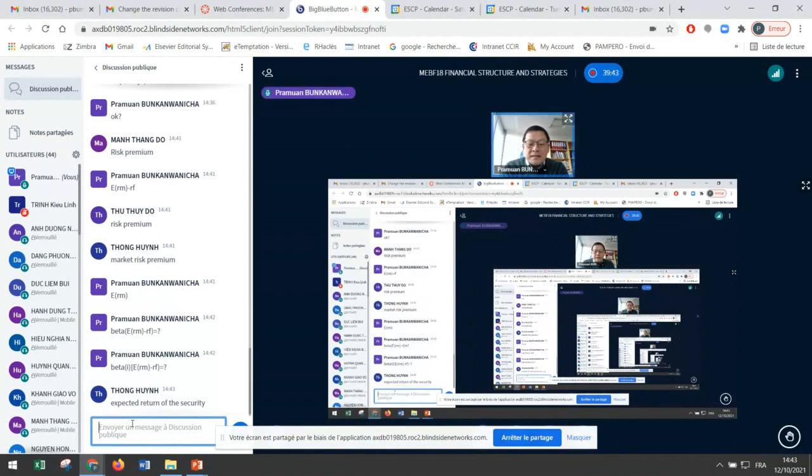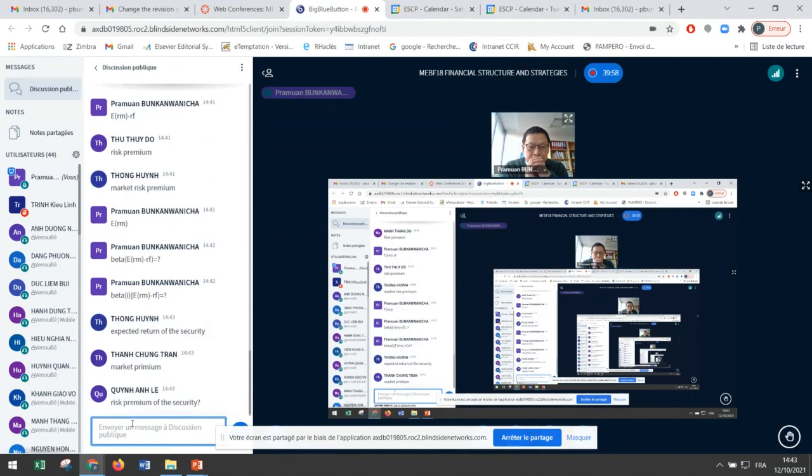It's not the expected return of the security I. When you take the beta multiplied by the market risk premium, what are you going to get? No, not the market risk premium. It's the risk premium of the security I, right?